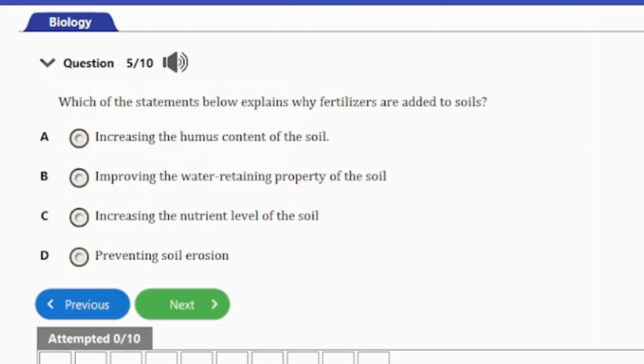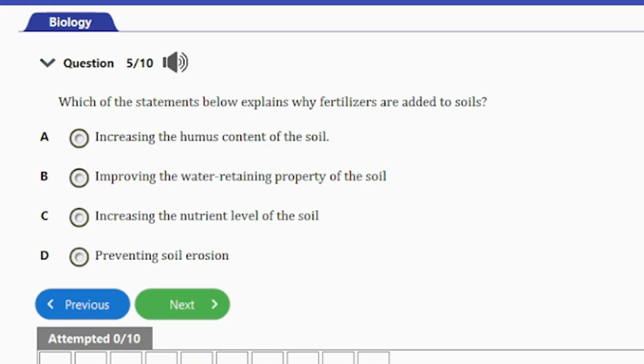So let's consider the next question. That's question number 5 here. Which of the statements below explains why fertilizers are added to soils? A. Increasing the humus content of the soil. B. Improving the water retaining property of the soil. C. Increasing the nutrient level of the soil.